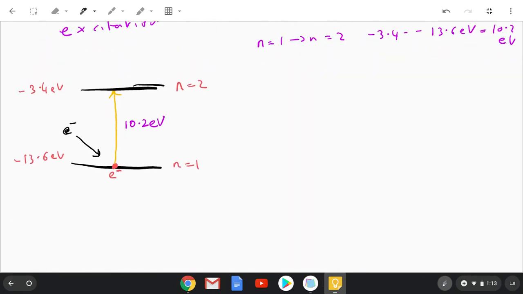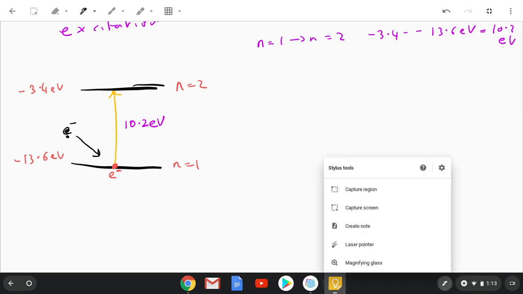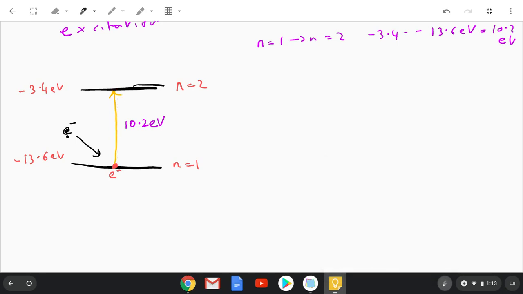So we've got electrons coming in, they are colliding with the atomic electron, transferring energy, and as a result, the electron excites to a higher energy level.